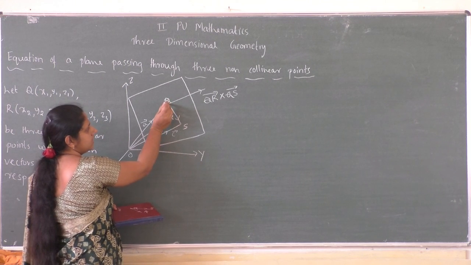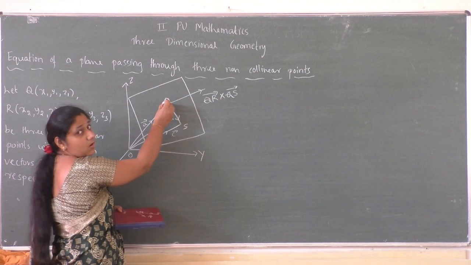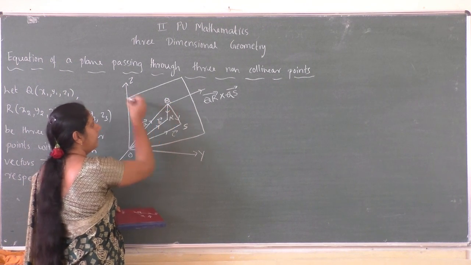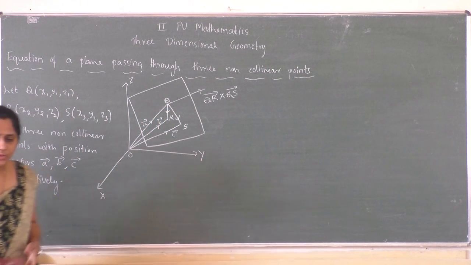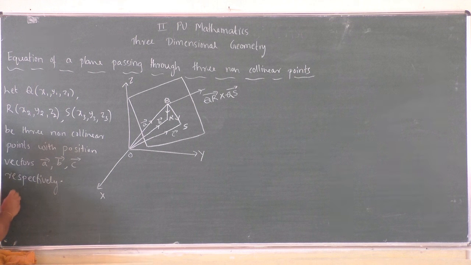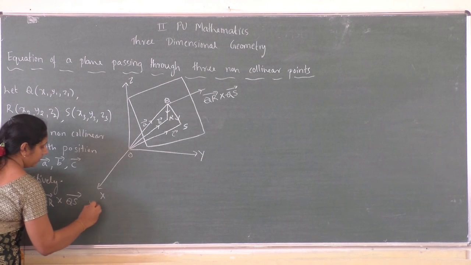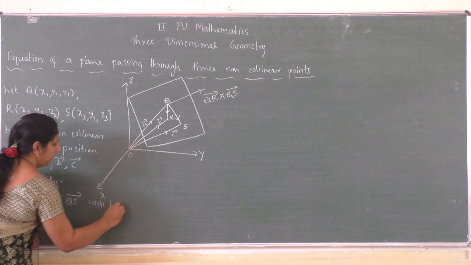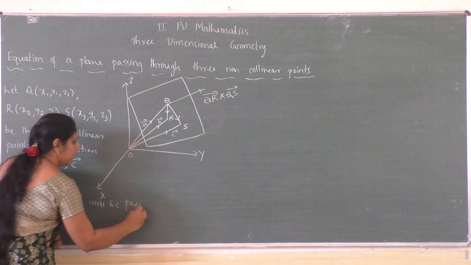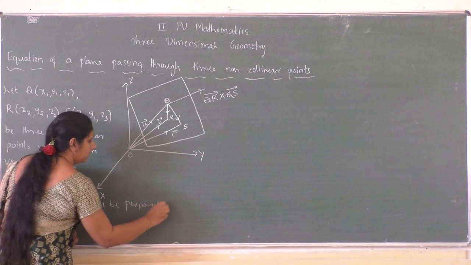So the vector QR cross QS will be perpendicular to the plane.